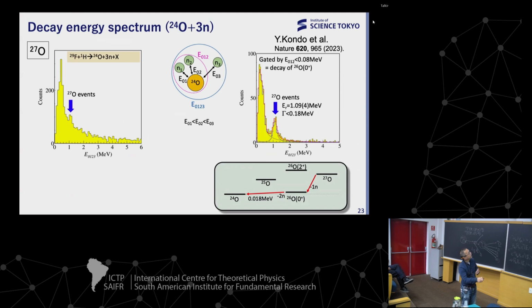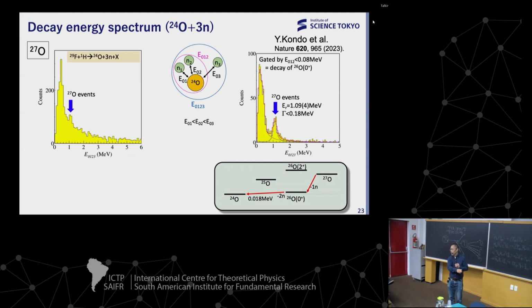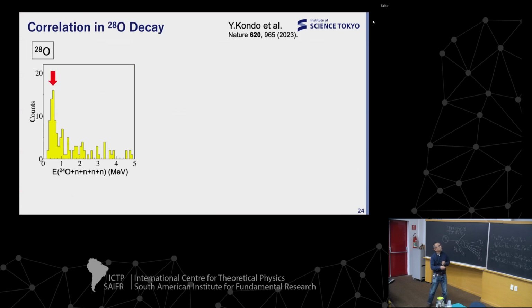This peak becomes more pronounced. So this means that this peak actually decays through the oxygen 26 ground state. Once we select this oxygen 26 ground state, this peak is pronounced. That tells us that oxygen 27 decays through this ground state.